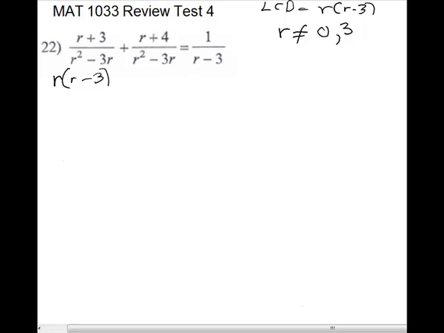Now I'm going to multiply through on the numerators by r times r minus 3. I'm going to multiply every term by that. So r times r minus 3, that is my LCD. And I will use the factored form of the denominator so we can see the pieces. And my r times r minus 3.